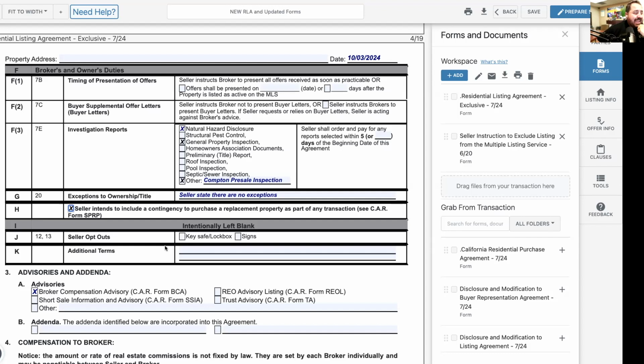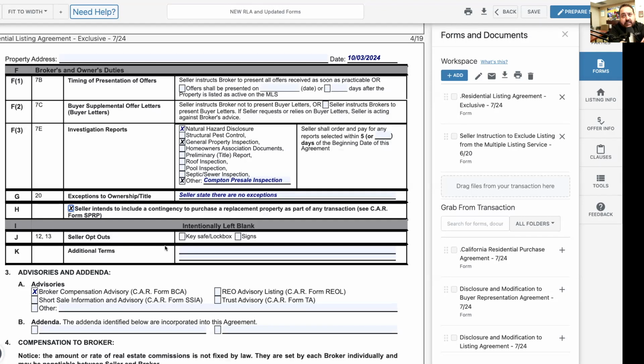Additional terms: anything that you may want to add. For example, there could be a buyer that is excluded from this listing, from the requirement of the seller to pay you compensation.